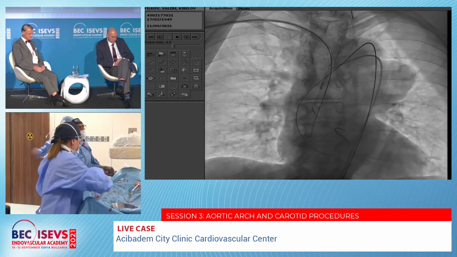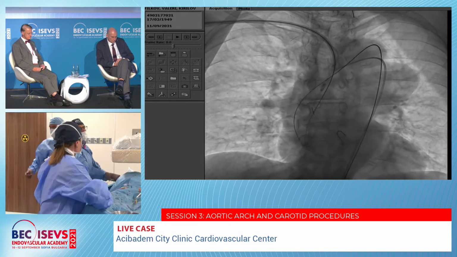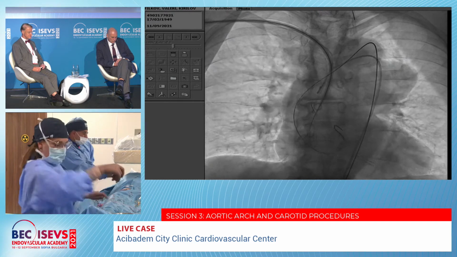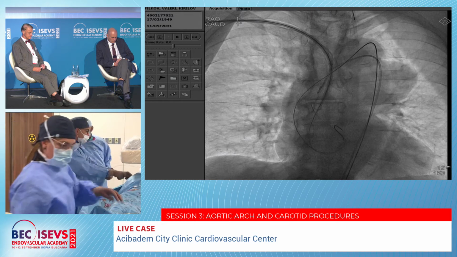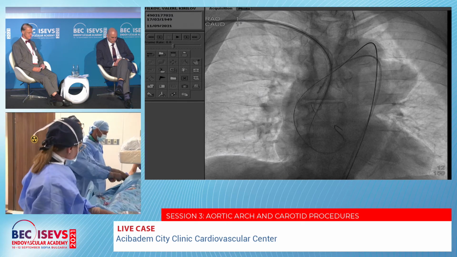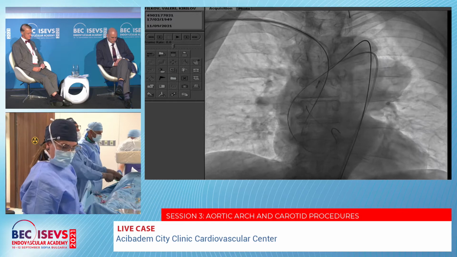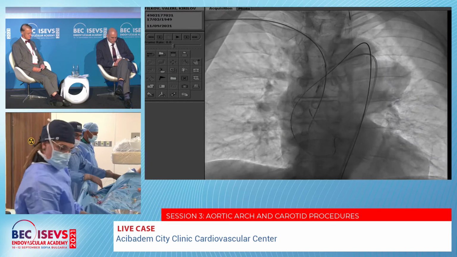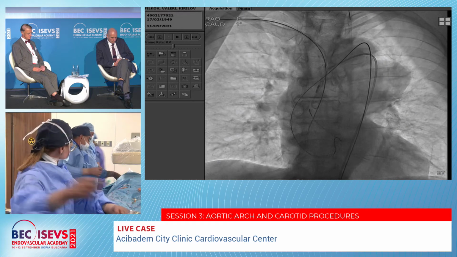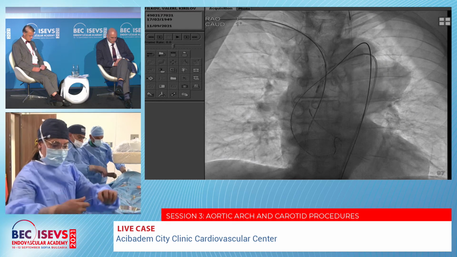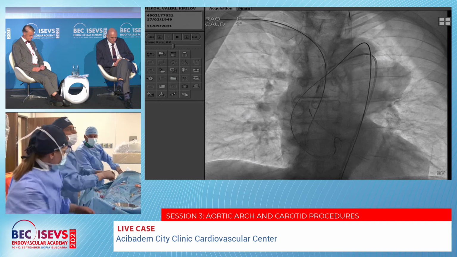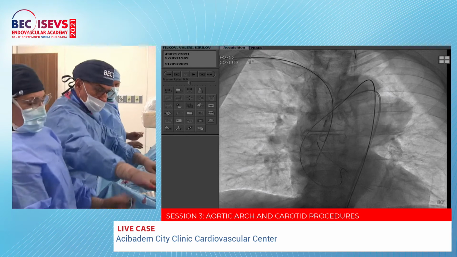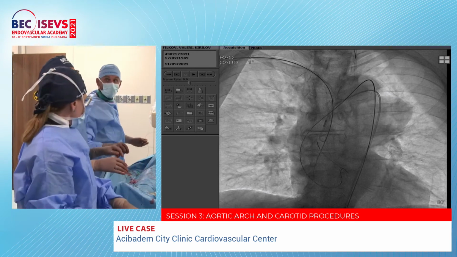I'm changing now the subclavian sheath. Okay, you probably saw the subclavian sheath, 12 French, that is already in position. So this will be the route to put the Endurant graft, 16 millimeter, from the brachiocephalic trunk to the ascending aorta.